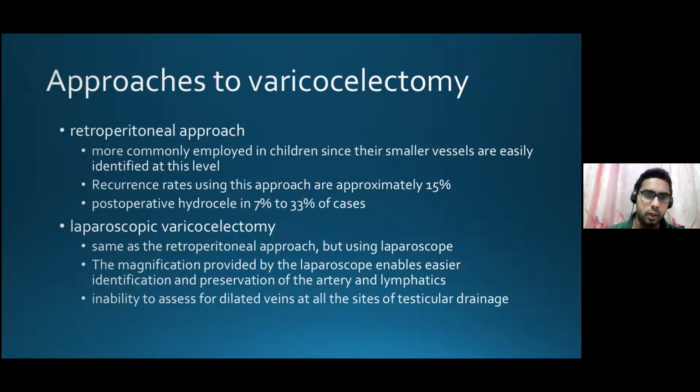The advantage of this laparoscopic approach compared to the retroperitoneal approach is because of the presence of the laparoscope. With the help of the laparoscope, the surgeon is able to magnify and identify this testicular vein more precisely, and it helps to preserve the artery and lymphatics without damaging them. So that is the advantage of laparoscopic varicocelectomy.